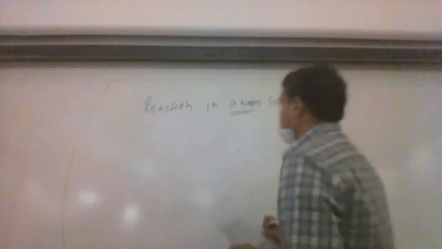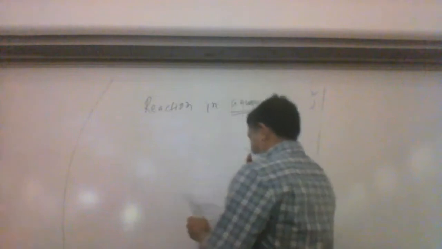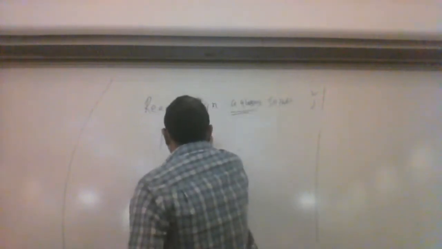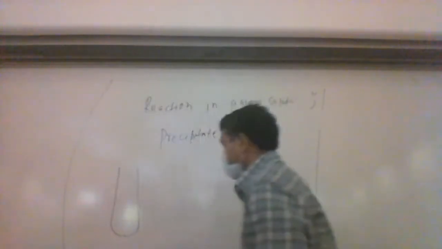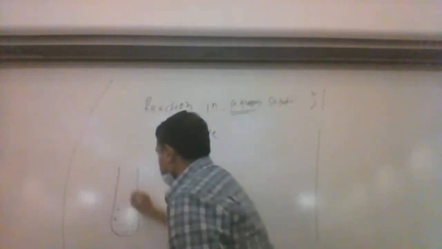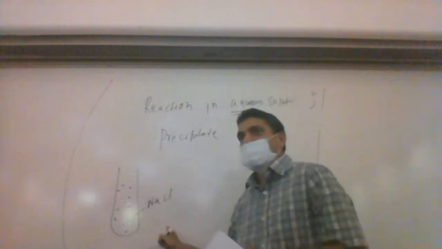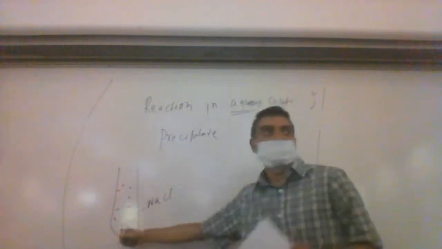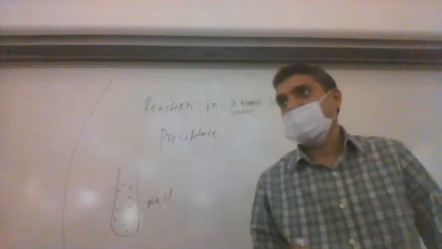So what happens if we do the reaction in aqueous solution? It gives a precipitate. You see that? Let's say this is a test tube, and you have some water and sodium chloride. In water, you have some salt, and you dissolve it, and you can't see the salt with your eyes, right?